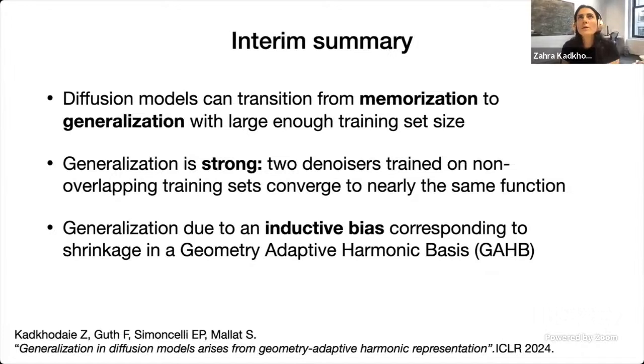Right. We don't define the geometry adaptive harmonic basis. It emerges from the architecture and the properties of the distribution. We have a convolutional architecture, and images have a translation invariance property, both local and global.